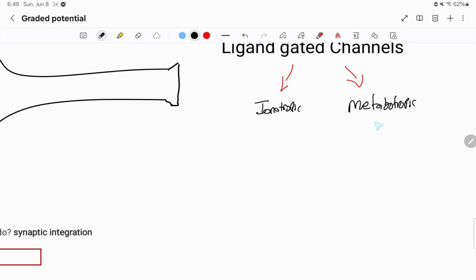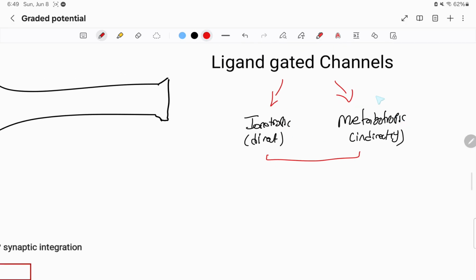We usually said that the metabotropic is indirect, it has an indirect effect on the membrane potential, and this one is a direct effect. Don't you worry, I will explain exactly what I mean by this. But the key point I want to get across is that both of these are just different types of ligand-gated channels.